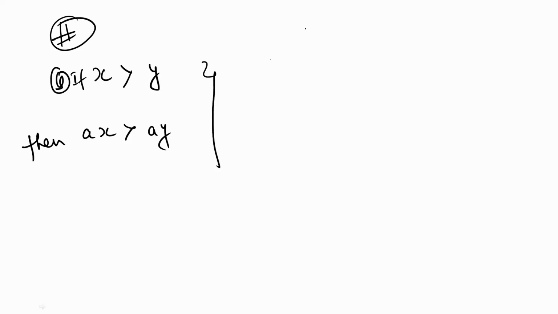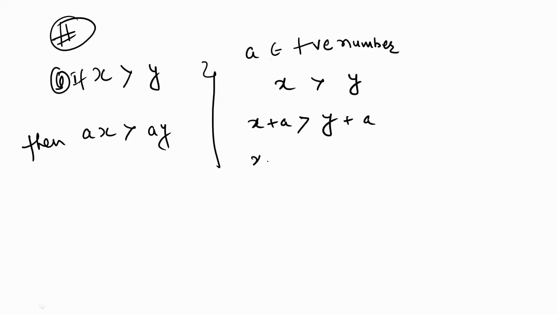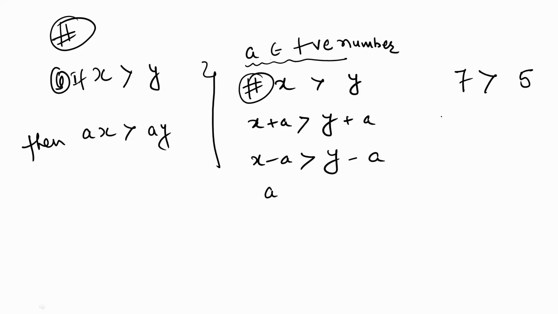Just see, if a belongs to positive numbers, and you have x greater than y, then x plus a is greater than y plus a, and x minus a is greater than y minus a. We can take any values, like 7 and 5: 7 is greater than 5.